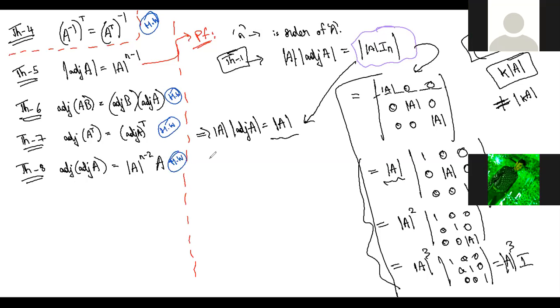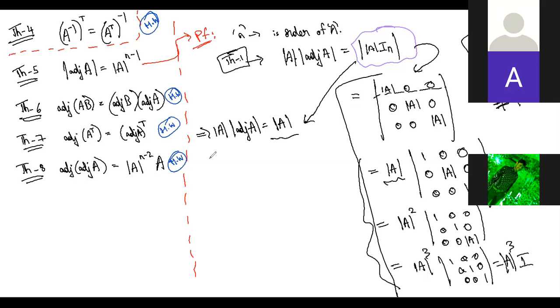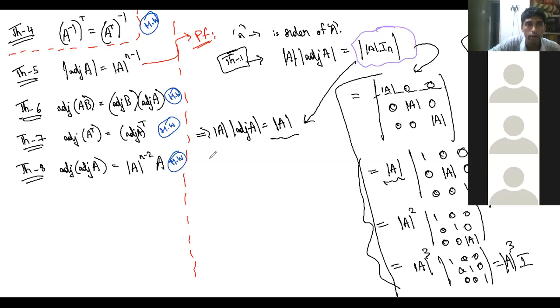Amisha Giri? Determinant of A? Yes? Okay. Anyone else?